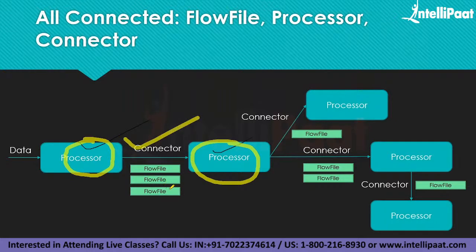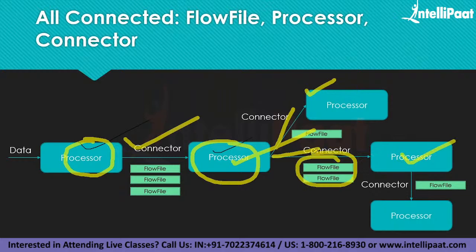That's about the objects which are flowing through the data flow, and I'm connecting these two processors. Now, based on some sort of routing mechanism, I can route it through two different processors. From this processor, it gets into this and this. So there are two different processors.